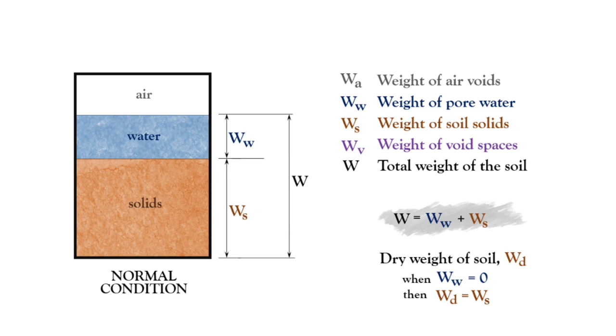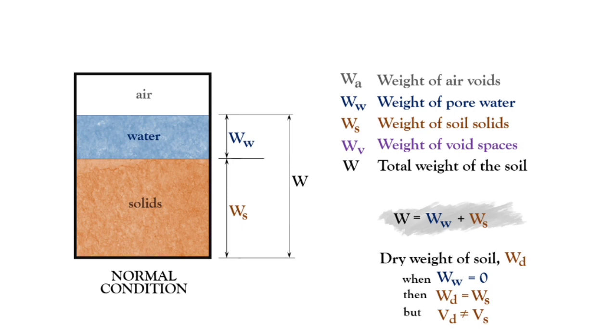But, hindi yan applicable pagdating sa volumes na dahil sinabi natin na yung dry weight is equal to the weight of the soil solids, does not mean na yung dry volume is equal to the volume of the soil solids. So, hindi mangyayari yan dahil pag sinabi nating dry volume, meron pa rin tayong existence na volume ng air, which is not negligible.